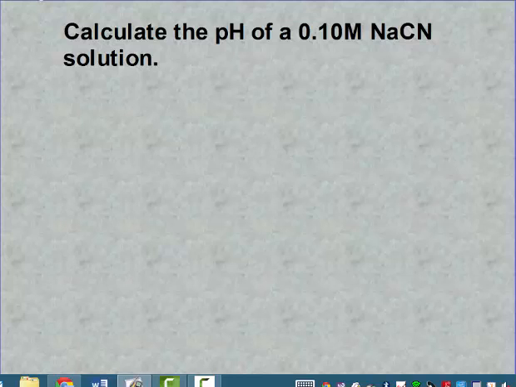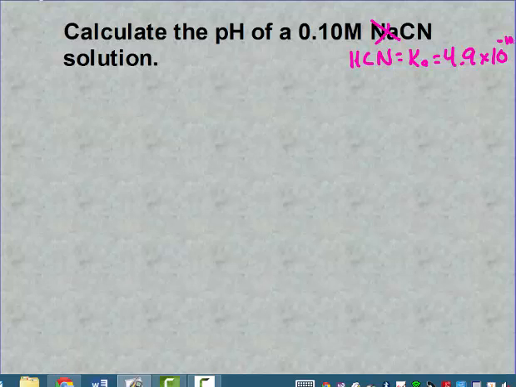Which one can you ignore? So you need to look on the chart and find HCN. It should have a Ka of, okay? What will that salt be? Acidic, basic, or neutral? What is CN negative?